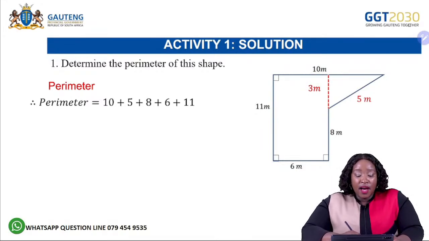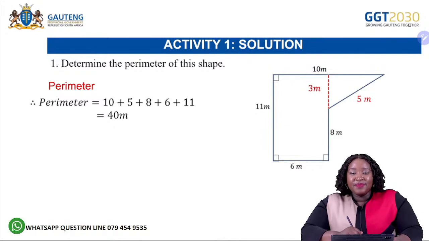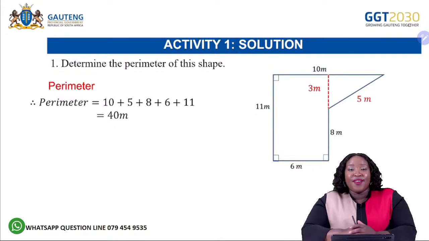So 10 plus 5 is 15. Then we keep adding 8, 6, and 11, and we end up at 40 meters. That would be the perimeter in this case. I'll give you 1 minute to quickly do your corrections for the perimeter, and then we are going to look at another example. You'll have 1 minute.